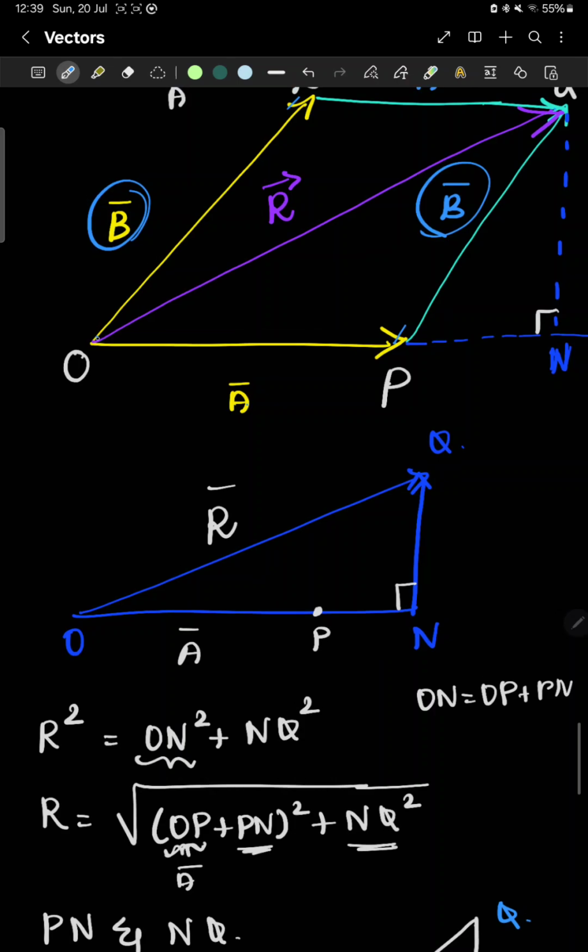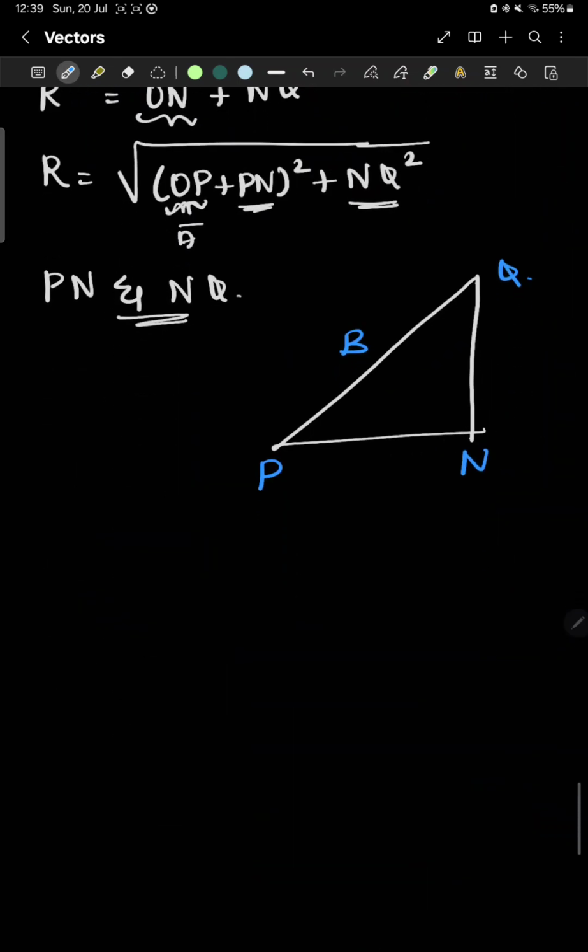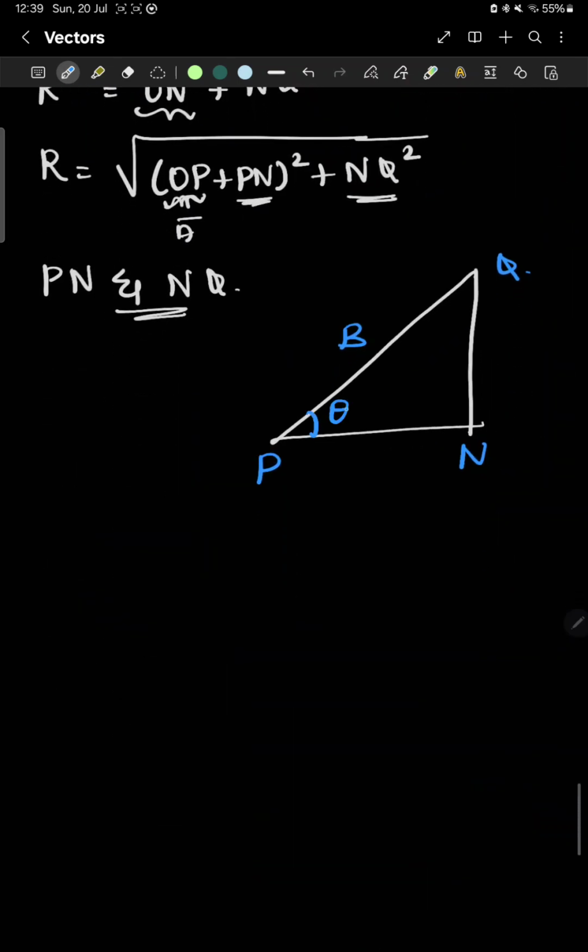Now if this B vector is making an angle theta with respect to the A vector, similarly here this side will also make an angle theta. So I can write this angle as theta, and to find the lengths of PN and NQ, I can consider either sine theta or cos theta.